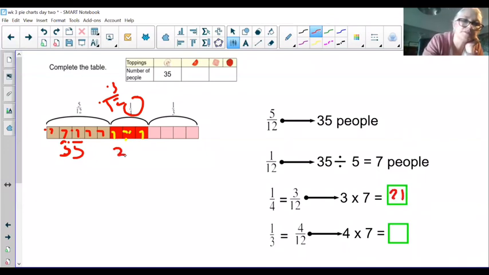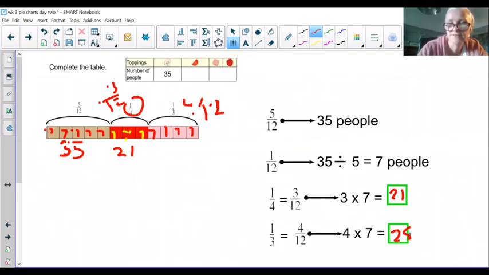I've got 21 here. And then the pink section, 1/3, is 4/12ths. Each one of those again is 7. So I've got 4 lots of 7, which is 28.